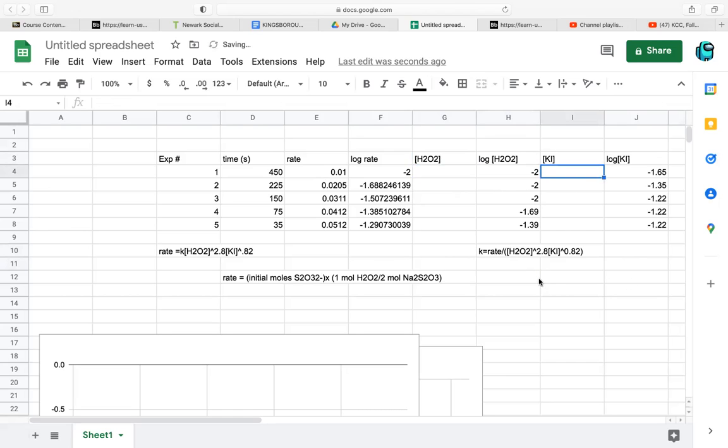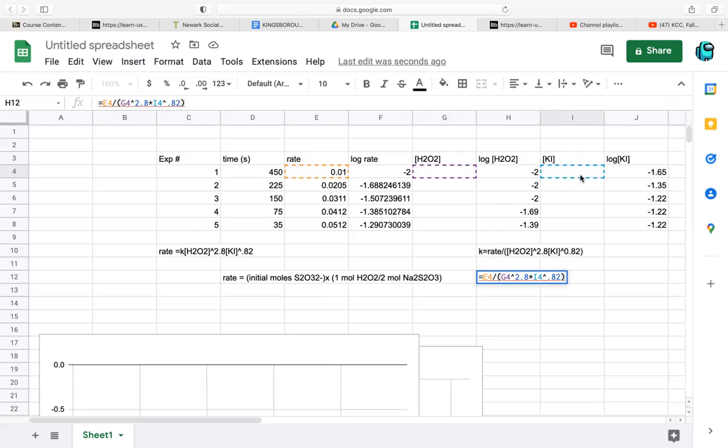The spreadsheet's good for that, because what you do is, it's the rate, so it's this one divided by, and then you just make sure it's in parentheses, the concentration of H2O2 to the 2.8 times the concentration of Ki to the 0.82.